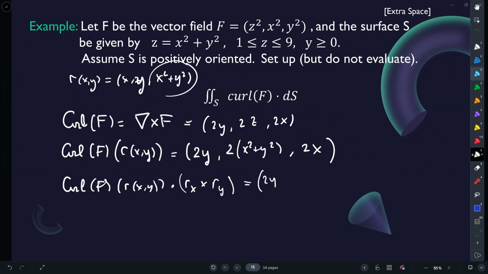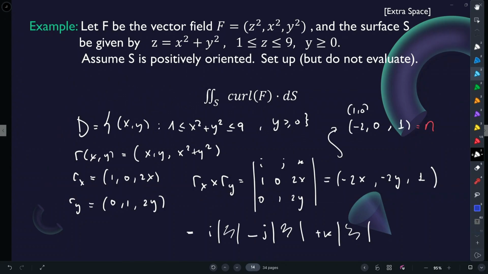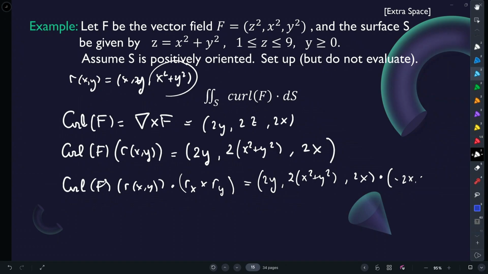So that's going to be (2y, 2x squared plus y squared, 2x) dot whatever we got before, which was (minus 2x, minus 2y, 1). So all in all, I get minus 4xy minus 4y x squared plus y squared plus 2x. And that is the function I have to integrate in my domain.